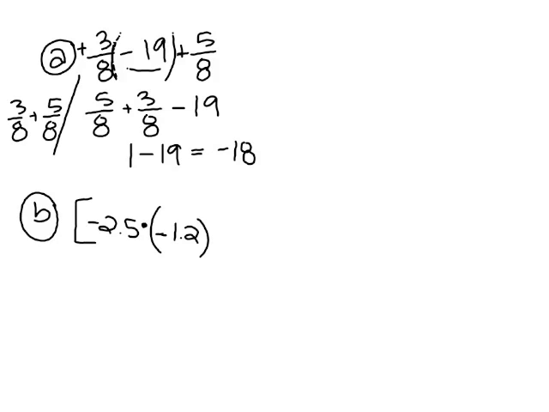The little dot means multiply. It gets confusing if you're using an x for multiply, because what if I had an x in my equation? Then I'd have 2xx. So make sure you write multiply as a dot. So negative 2.5 times brackets, negative 1.2, exterior brackets, times 10.